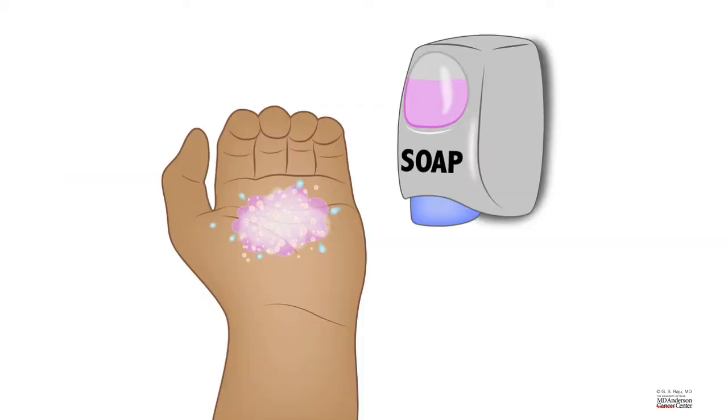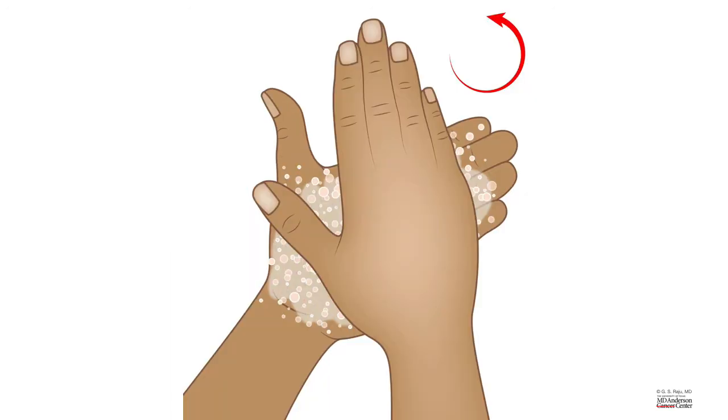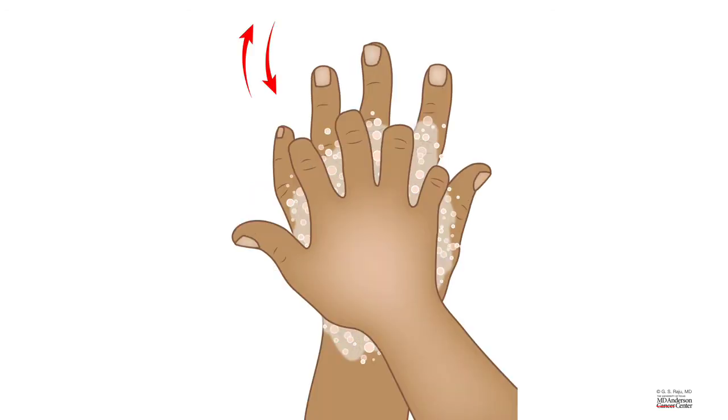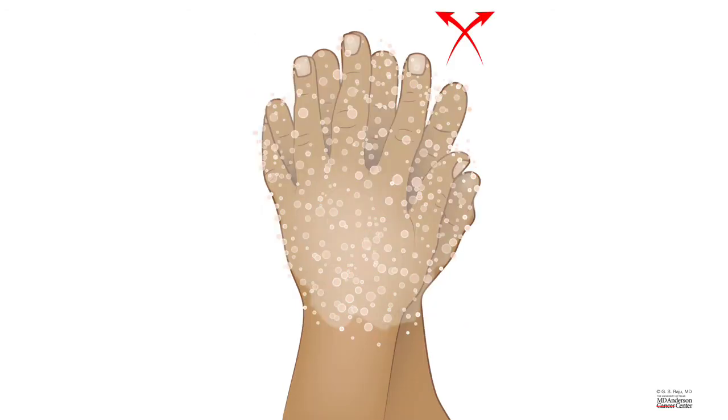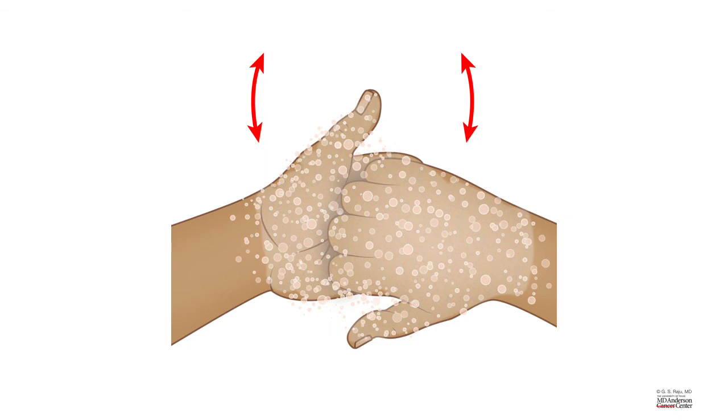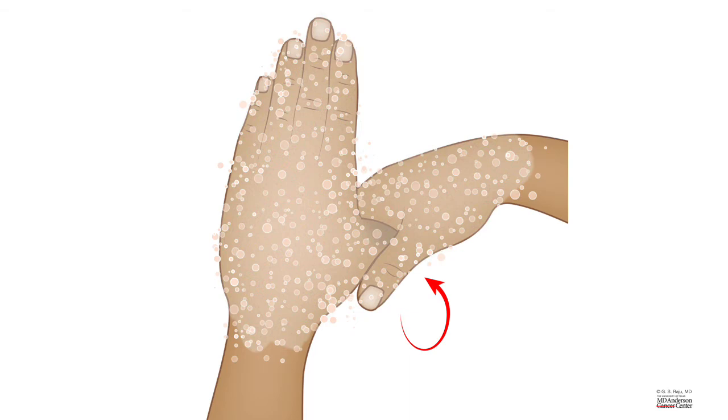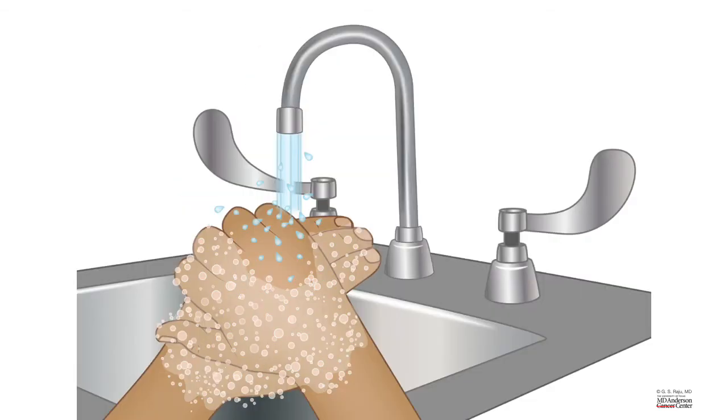Step 1, cover the palm with soap and with adding a little bit of water, create a nice lather and work on your palms, in between the fingers and the webs of the fingers, in between the fingers, inside the fingers, webs of the thumbs, tips of the fingers, and finally wash your hands with water.